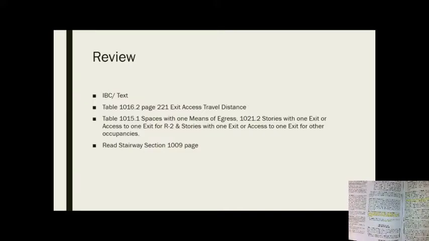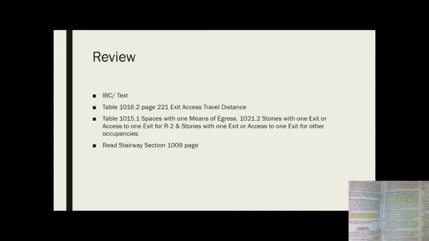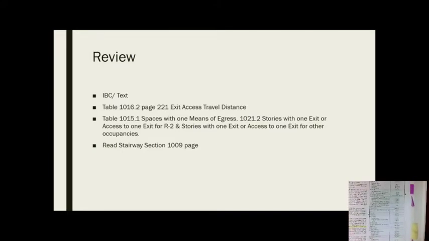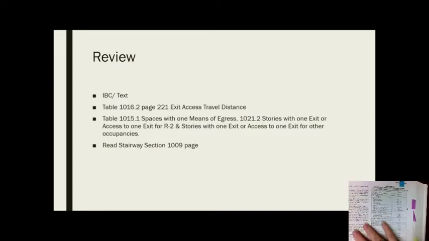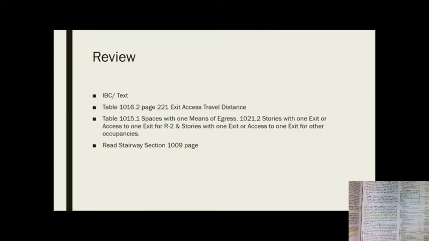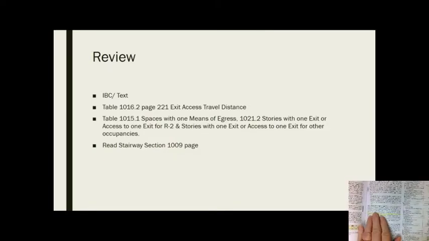It also goes through and talks about occupant load. We used all of this in chapter 3 of your textbook, because we reviewed and got to know a little bit of the table, the maximum floor area allowances per occupancy. We learned, of course, the function of the table, the occupant load. We learned how we could increase it, which we're going to end up using a little bit more.